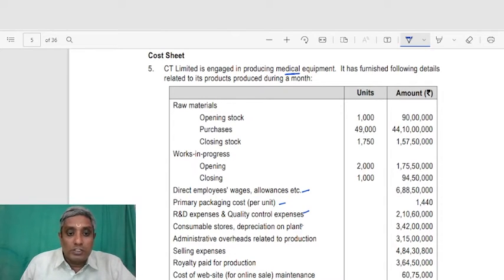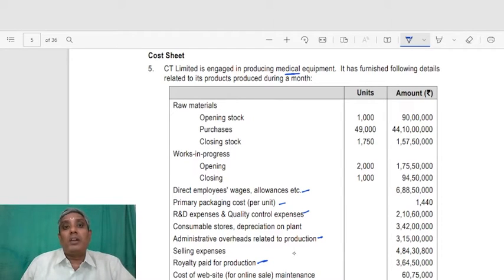And consumable stores and depreciation on plant, administration overhead related to production. Administration overhead related to general will come after cost of production. Now, selling expenses, royalty paid. Royalty is a direct expense.